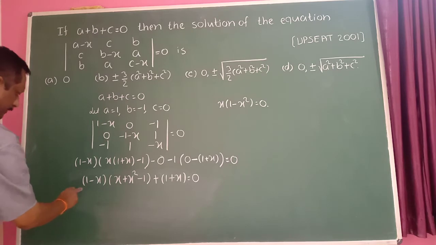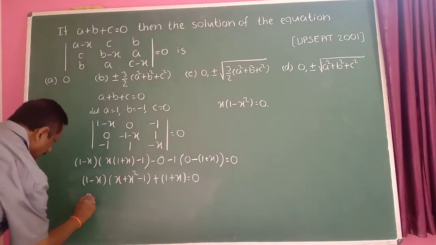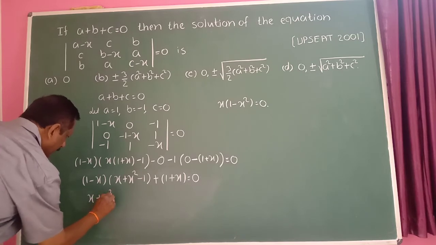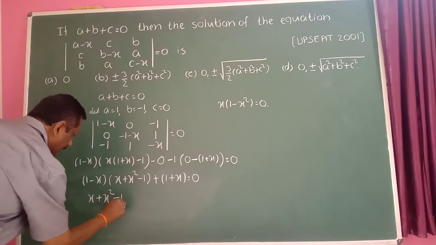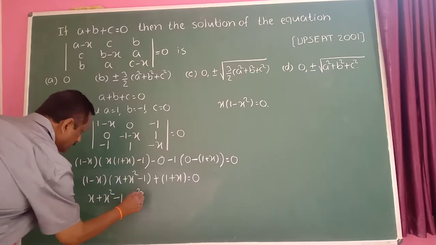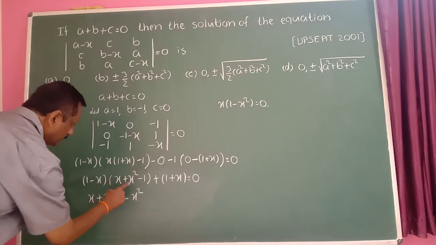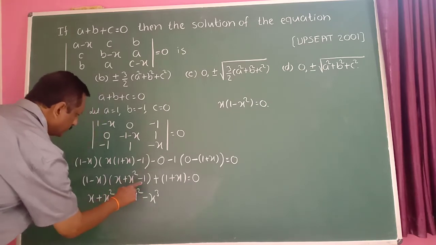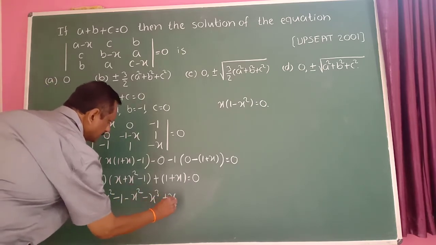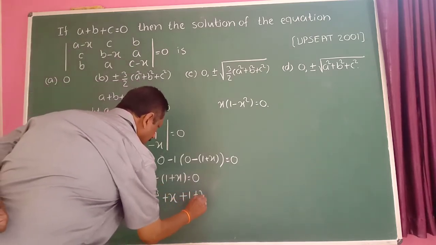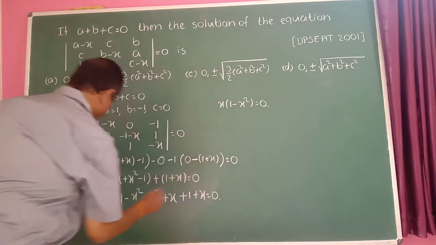Then multiply the terms here: 1 into x is x, 1 into x squared is x squared, then 1 into minus 1 is minus 1, minus x into x is minus x squared, minus x into x squared is minus x cubed, minus x into minus 1 plus x, then plus 1 plus x, equal to 0.